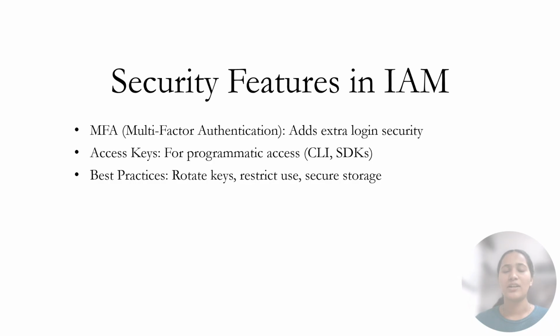These keys can be created through your IAM console under the Security Credentials section for a user, a snapshot of which is shown on the next screen. One important thing to make a note of is that it's important to handle these keys with care. Rotating them regularly and restricting their use is needed.